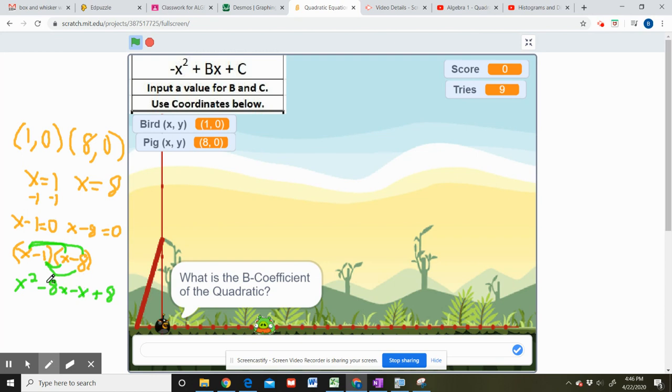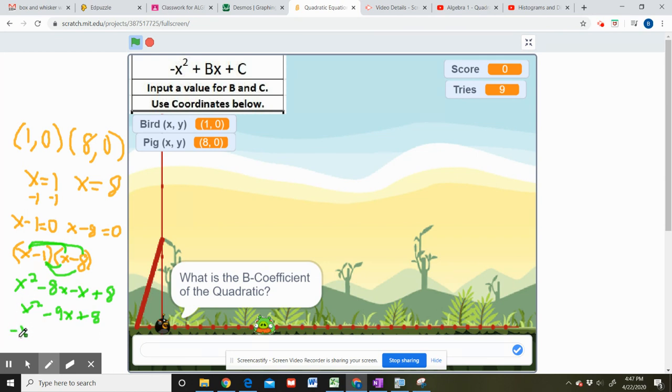I just got to combine these like terms. -8x minus x, so I get x squared minus 9x. My handwriting with the mouse is pretty horrible. Plus 8. Last step. I know I've got a negative for my x squared term, so that means I have to multiply everything by a -1. So when I do that, it changes the sign.